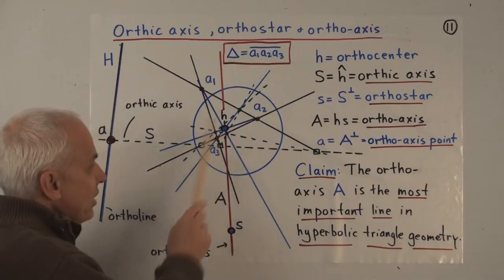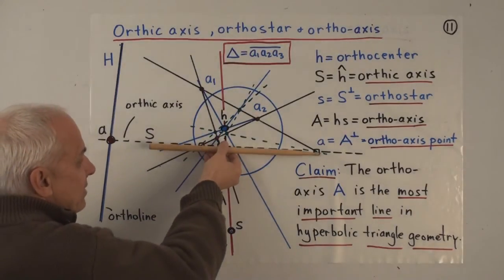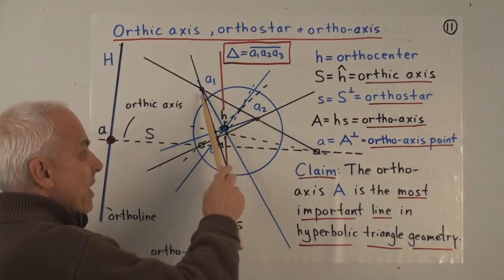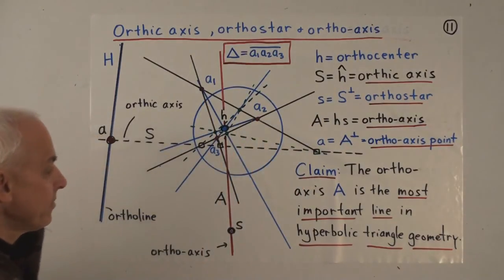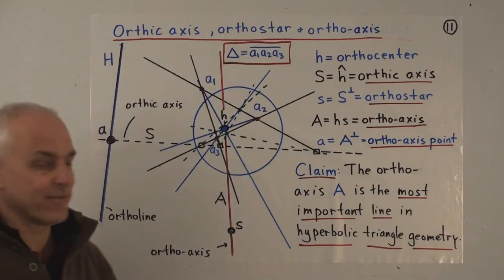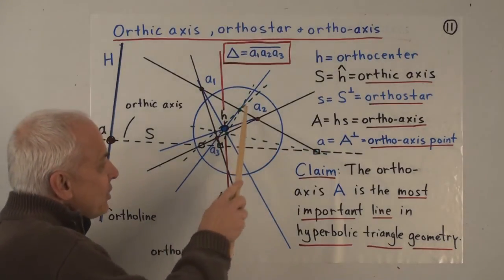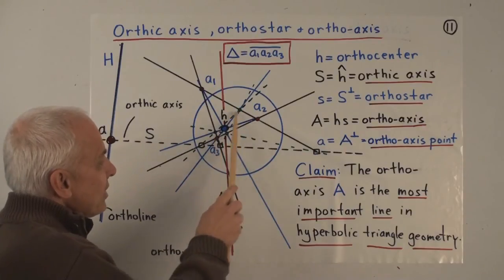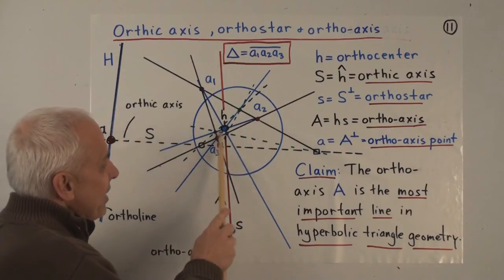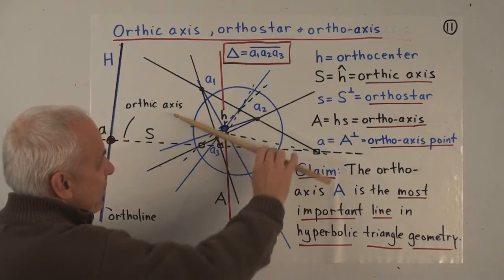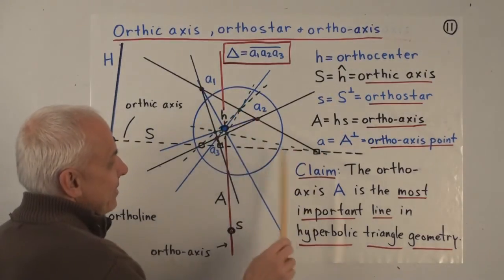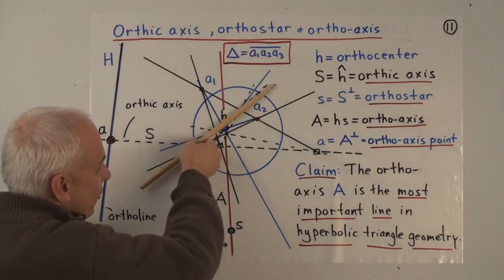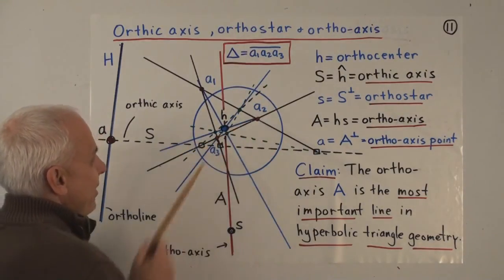Now from that orthocenter H, we're going to construct the orthic axis, which is the Desargues polar of H with respect to the triangle A1, A2, A3. I remind you how you get that. We look at where the altitudes, which are the Cevians in this case, meet the sides of the triangle, and then we connect them and see where this one here meets this line there, where this one here meets this line, and where this one here meets this line.